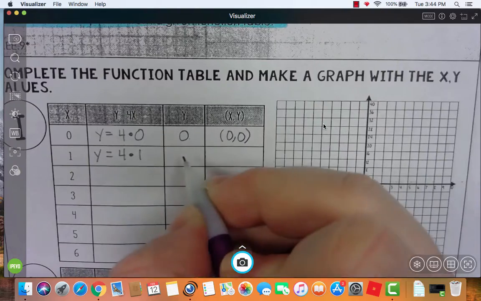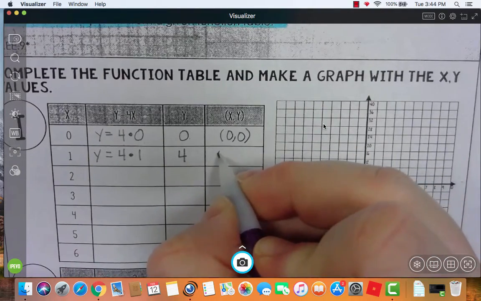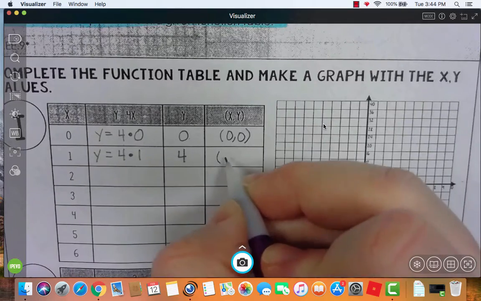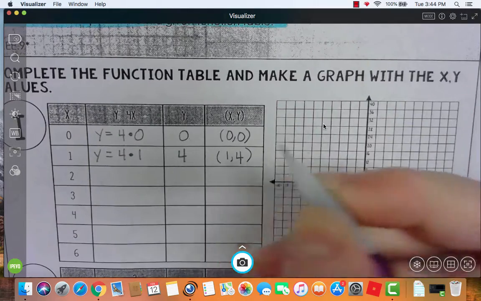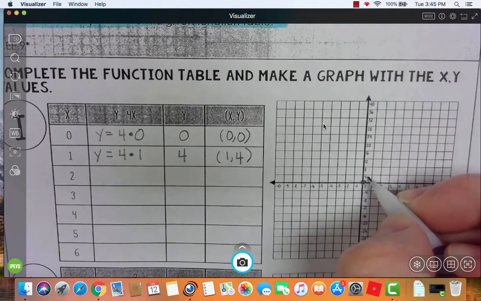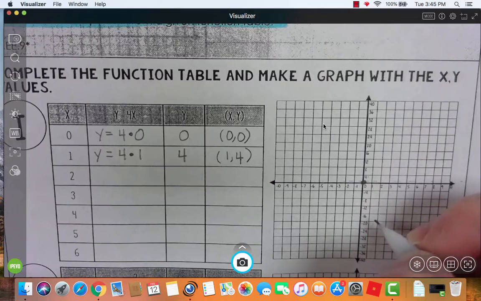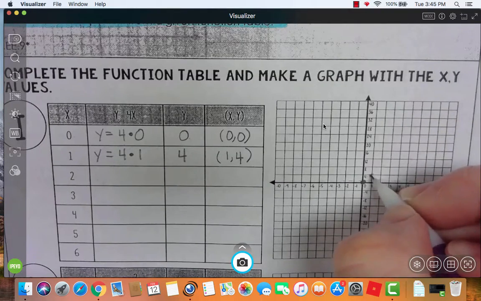So 4 times 1 equals 4. My ordered pair, x is 1, y is 4. Come over to my coordinate plane and graph it. If you look closer at your paper, they've already numbered your x and y axis for you to make it easy. So I'm going to go over 1, and I'm going to go up to the 4.